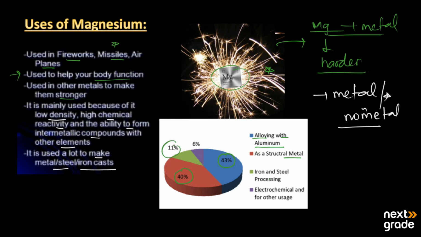Then about 11% is used in iron and steel processing, and 6% is used in electrochemical processes. So this was a simple overview about the uses of magnesium.